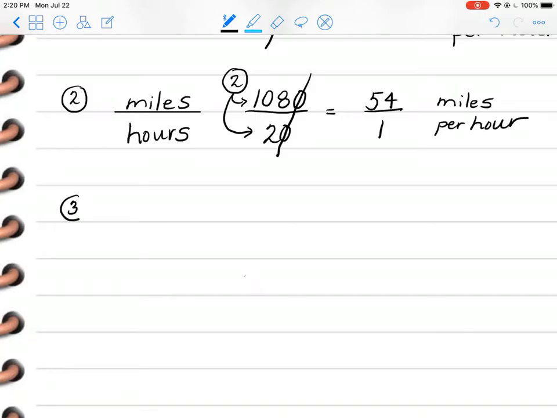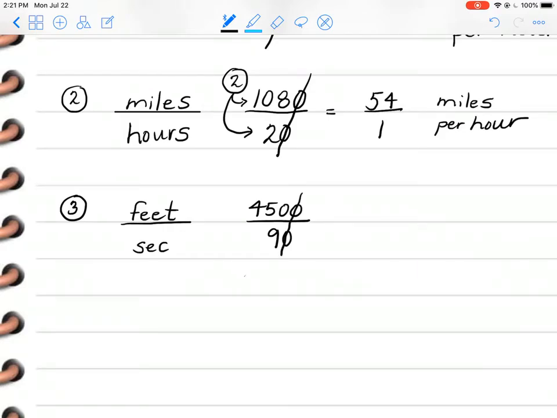Number 3. We're calculating feet per second. Seconds are the unit of time. And we're looking at 4,500 feet in 90 seconds.